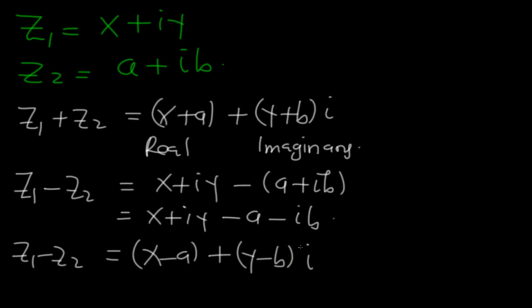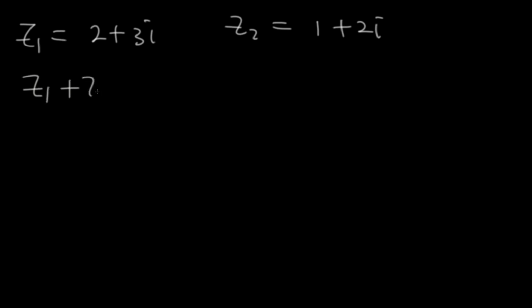Example number 1. We can have z1 as 2 plus 3i and z2 as 1 plus 2i. Now let's find z1 plus z2. So we say that this is equal to 2 plus 3i, then plus 1 plus 2i.